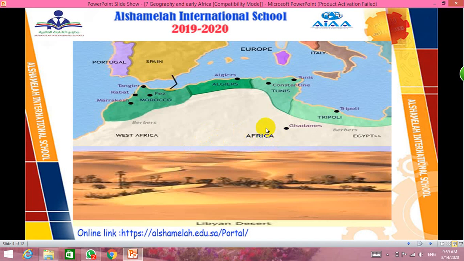Here this area is showing South Africa. This is the location of South Africa, and this is the location of West Africa. Below the map we have another picture that is showing the desert of South and West Africa.